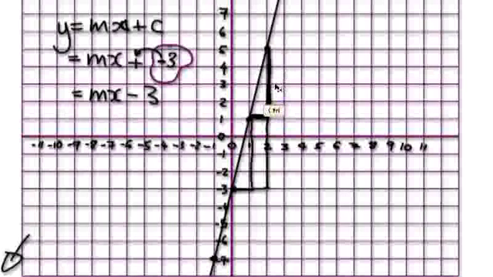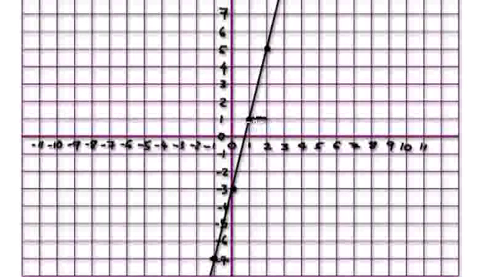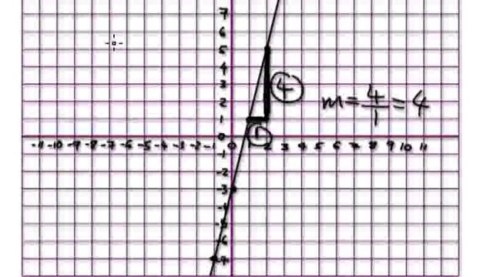The gradient is always height divided by width, the up and down divided by the across. The up and down here would be 4. The across here would be 1. So the gradient is 4 over 1, which is just 4.